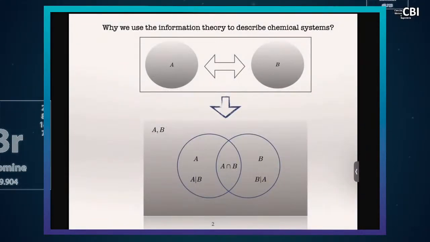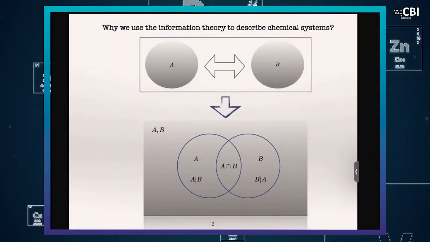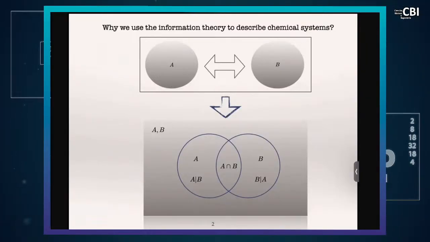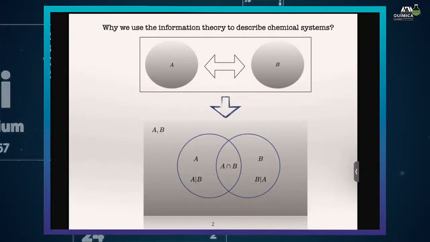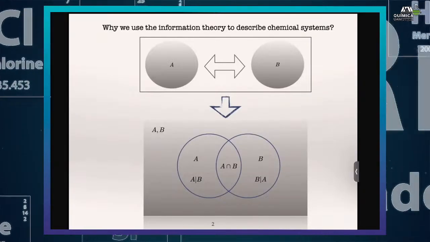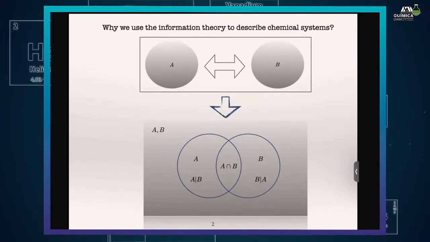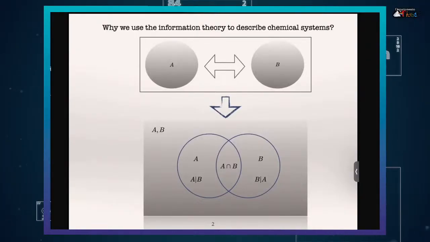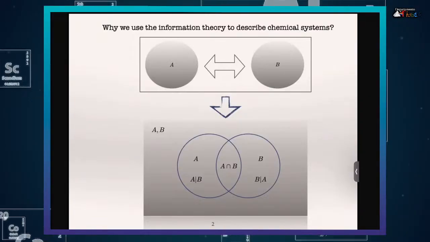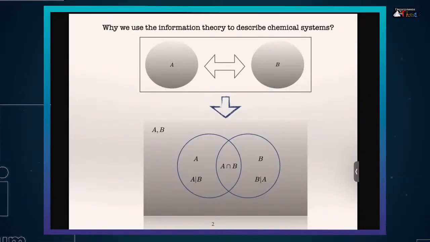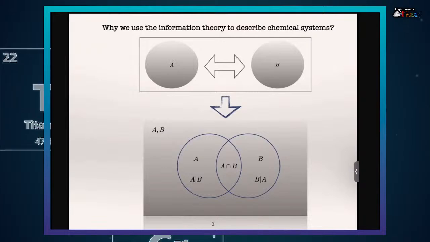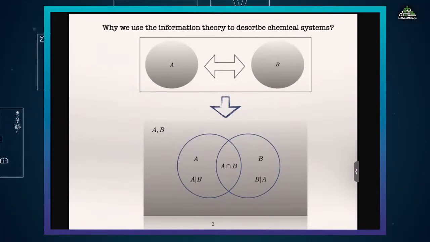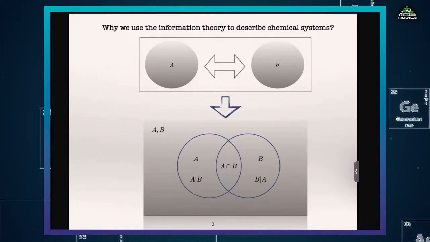For example, if we think about T-shirts, we can form groups that share some characteristics, for example the number of buttons, the color, or something like that. In this sense, subsystems A and B can share some kind of information that is characteristic of them.